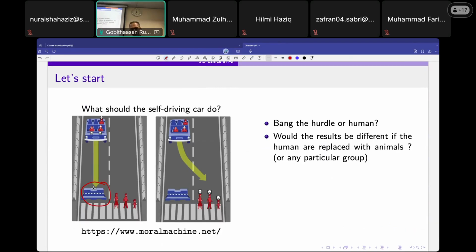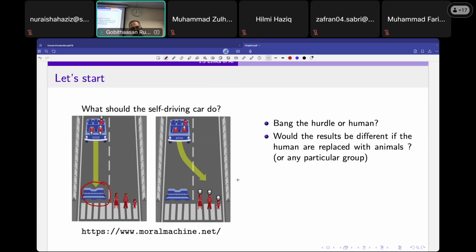If you do not really adopt the ethics of AI, it might end up banging into the people crossing the road. So it's a simple example, but we have to make sure that it takes human beings into consideration, so the rules and conditions should be such that it does not bang into human beings, right?